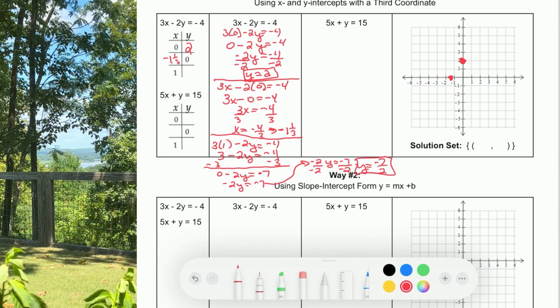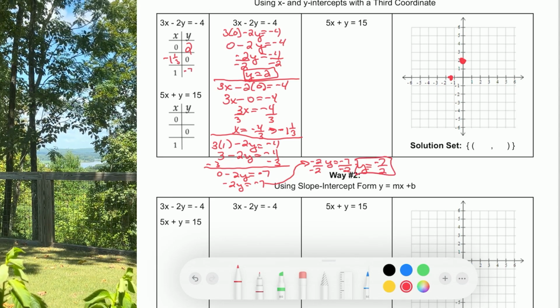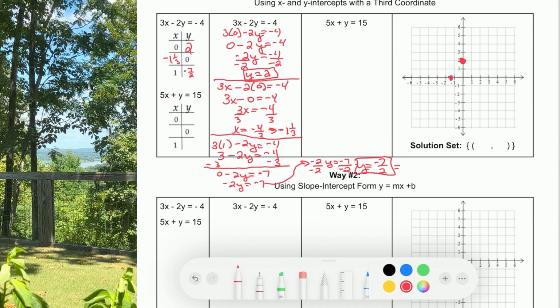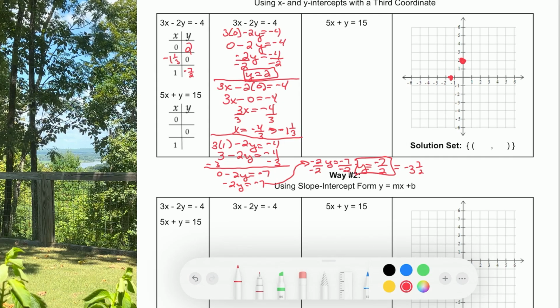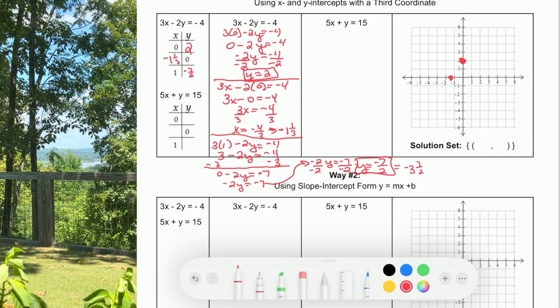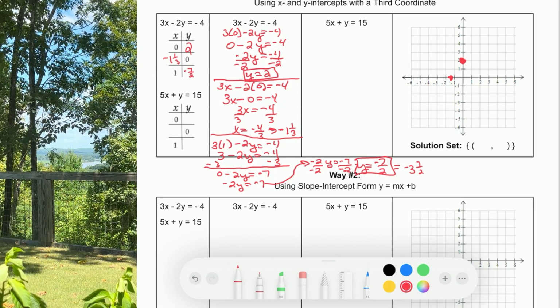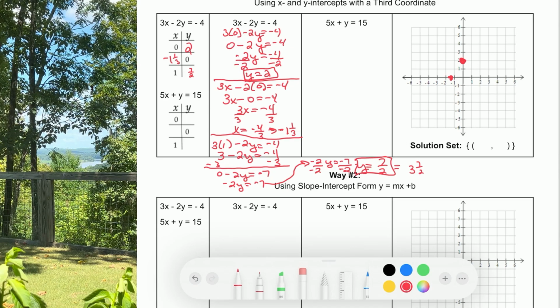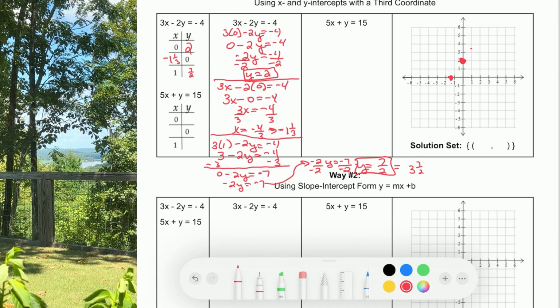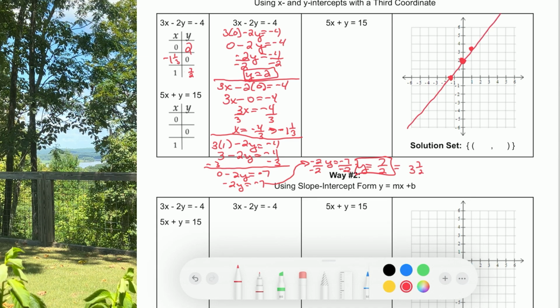All right, so we have negative 7 halves, which is the same as negative 3 and 1/2. So I'm going to plot that. I go to 1 and then go down to, oh, no, actually it's a positive because we had 2 negatives being divided. So that's actually a positive number. So now we're going to go to 1 and then up 3.5. So it's right here. And I'm going to connect, creating my line.